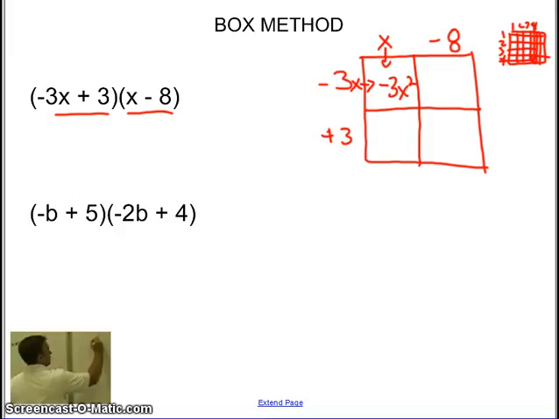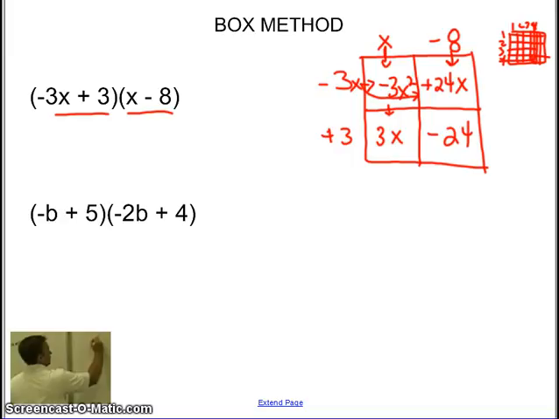Okay, then we're going to do here negative 8 and negative 3x. Negative 8 times negative 3x is positive 24x. Alright, and then vertically we have this x again, x times 3, which is 3x. And then negative 8 times 3 is negative 24. Alright, and after that we have to combine what's like.